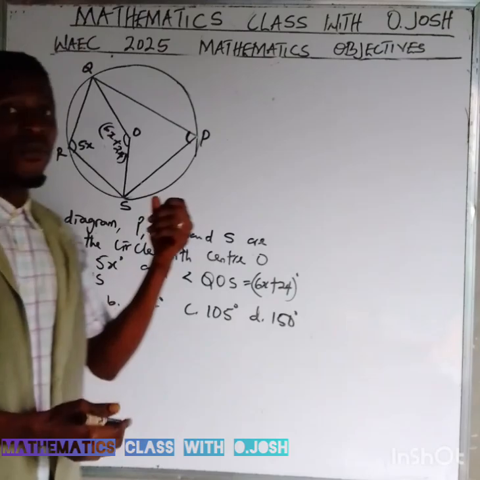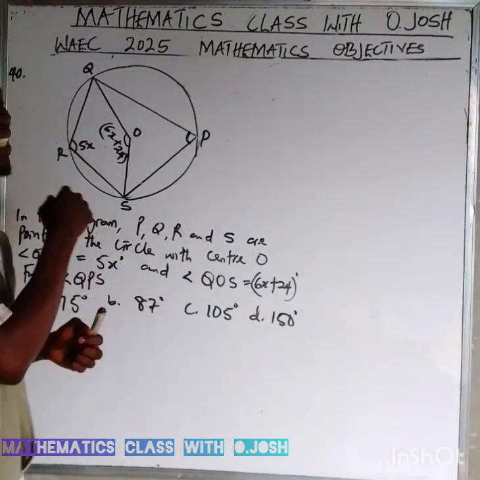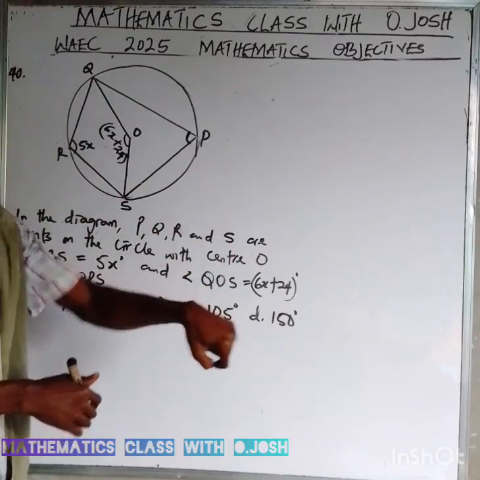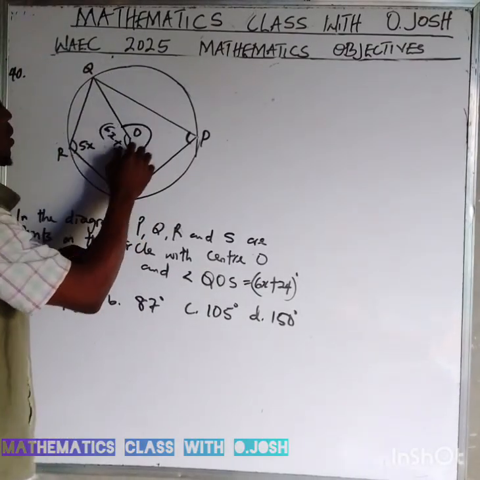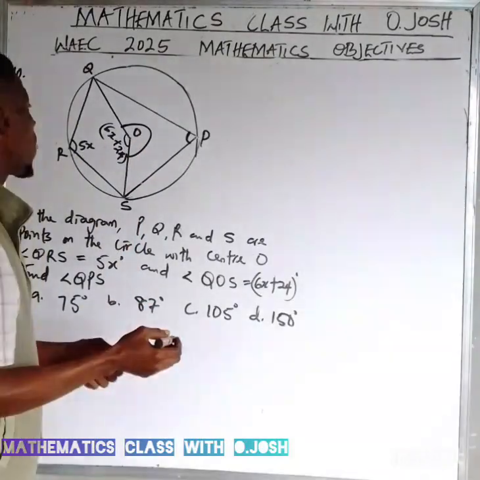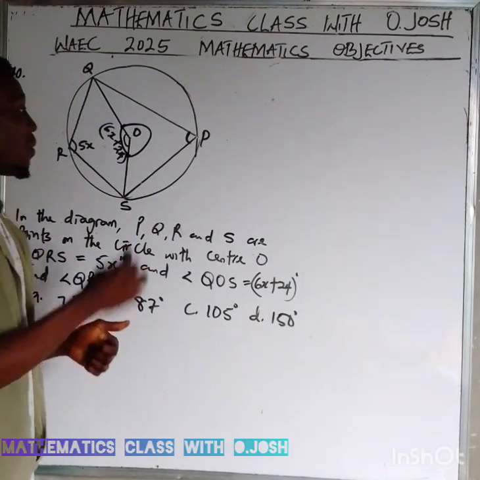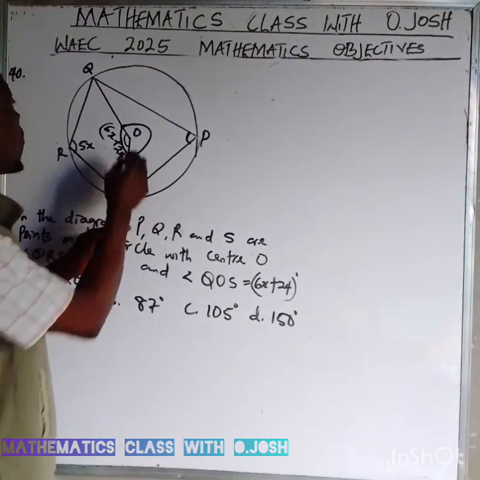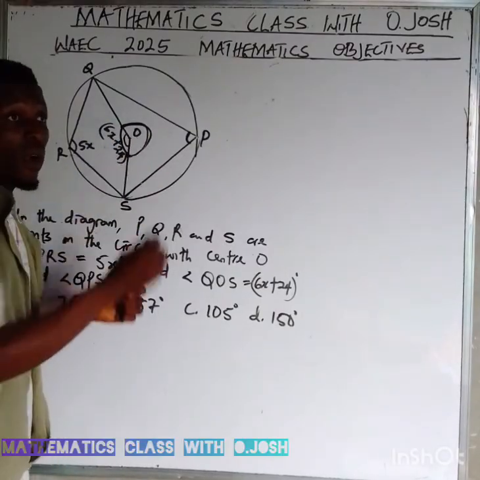So then recall from circle geometry that the value of the angle subtended at the circumference is equal to half of the angle the same arc subtends at the center. So now this major arc SPQ at the center, this is the angle that it subtends at the center, this angle here, and we don't know its value. So recall that the sum of angles at a point is 360.